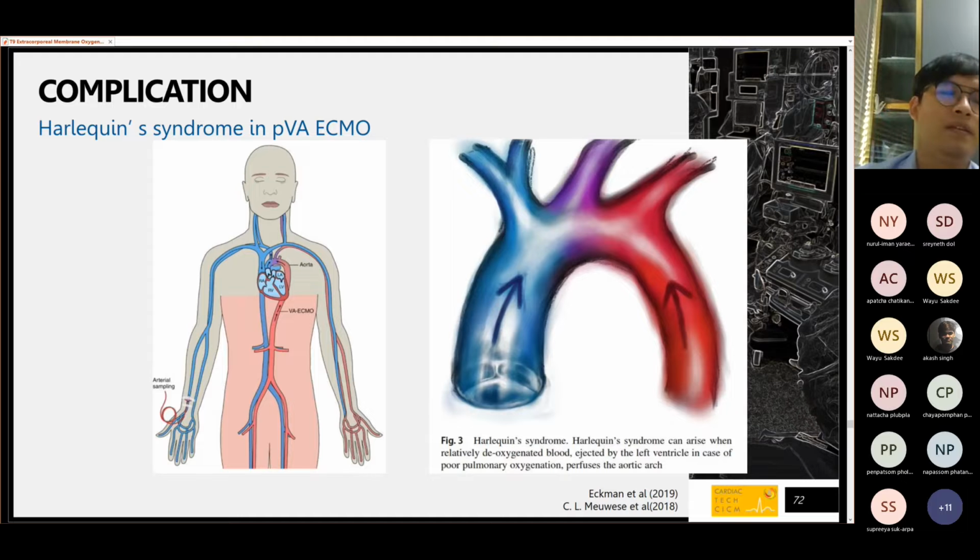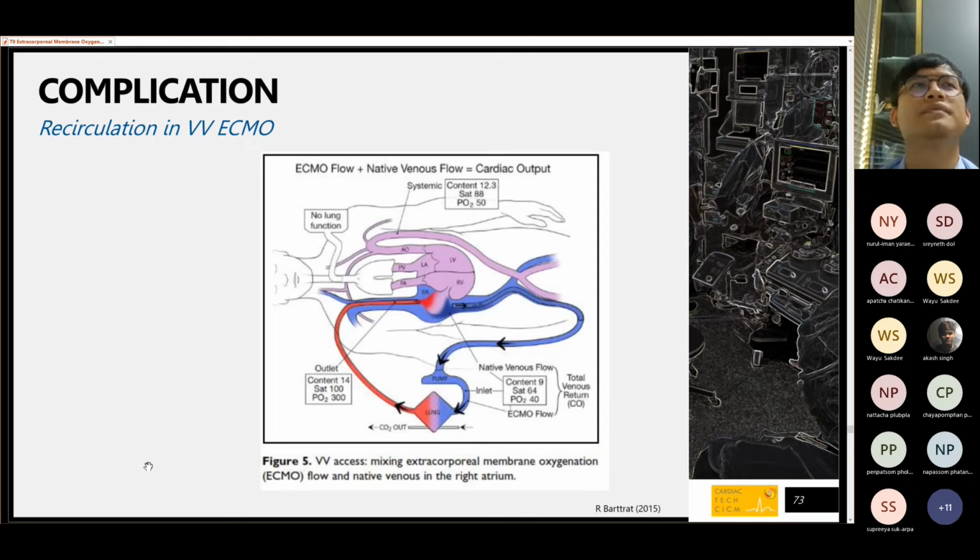In current practice, we tend to use VV ECMO a lot in patients whose primary cause is respiratory. So whether it is Harlequin or north-south syndrome here, you can see another issue or discussion in the paper.